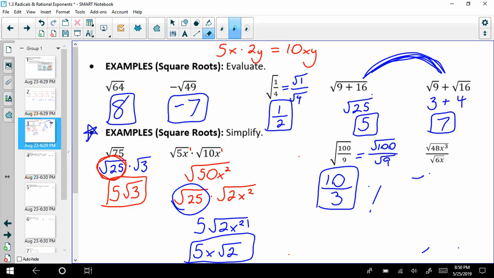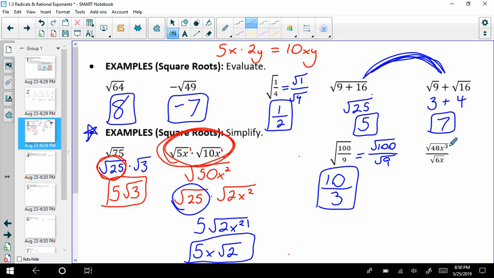Okay, and now the next one, this one looks messy. However, it's similar to this one where we did the multiplying. We multiplied them first and then simplified. It also works with division.